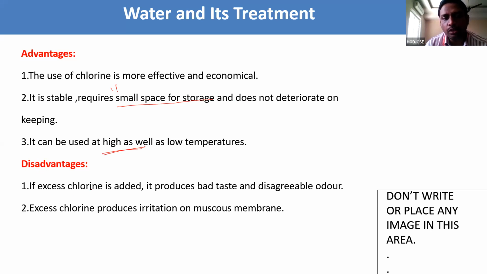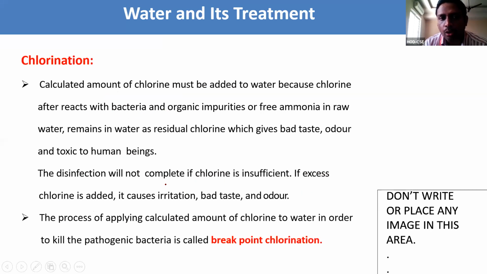There are some disadvantages with excess use of chlorine. It produces a bad taste and odor. Excess chlorine produces irritation on mucous membranes. These are the advantages and disadvantages of chlorination.